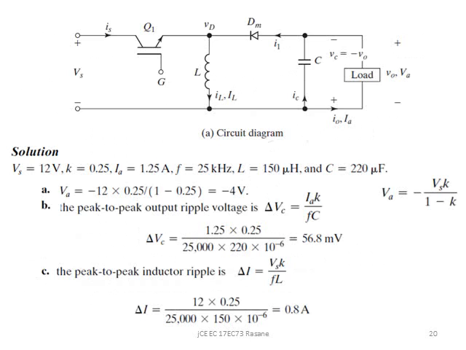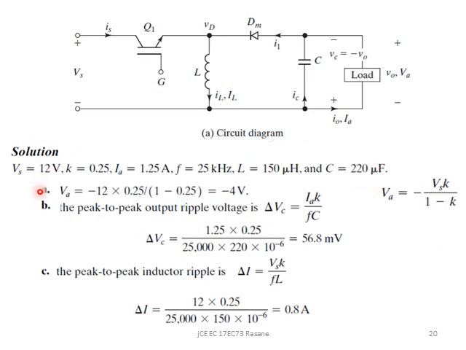So this is a circuit diagram of a buck boost and we have been given the parameters such as Vs as 12 volts, duty cycle as 0.25, the load current as 1.25 amperes, frequency as 25 kilohertz, inductance value as 150 microhenry, and the capacitance value as 220 microfarads.